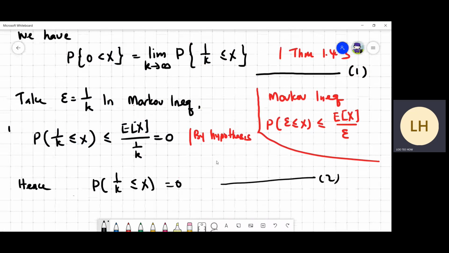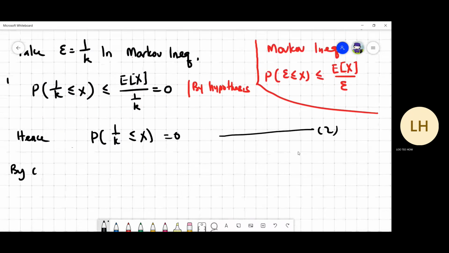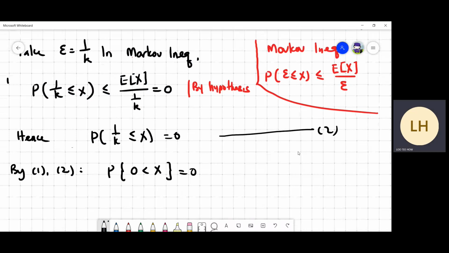Okay, now we compare these two statements. P of the event x greater than 0 will be equal to the limit of P of x greater or equal to 1 over k. However, in statement 2, we know that P of x greater or equal to 1 over k is always equal to 0. Then from here, we must have P of x greater than 0 must be equal to 0.